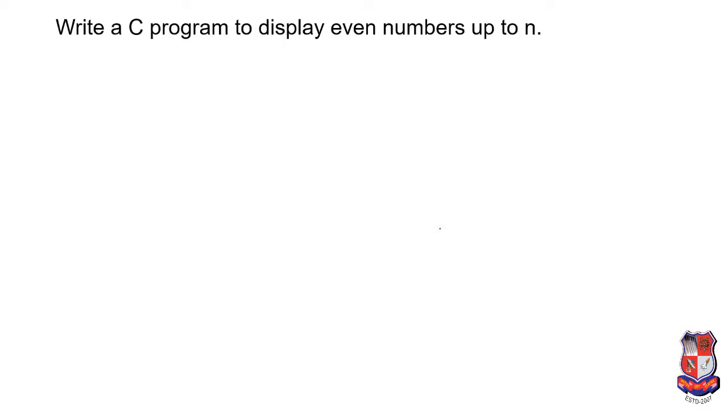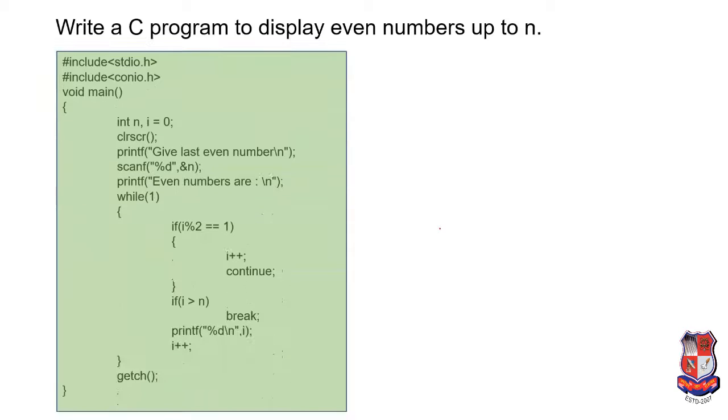Write a C program to display even numbers from 1 to n. So we have a range from 1 to n, and we have to display the even numbers between 1 and n. I have a program over here. Firstly, we have to take a number, and that number is n, the number till where we have to find the even numbers.